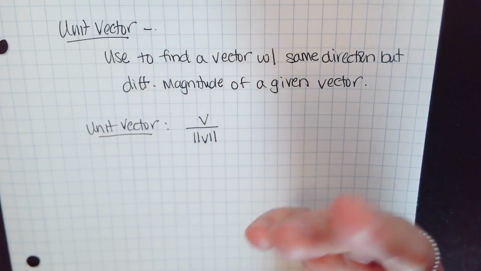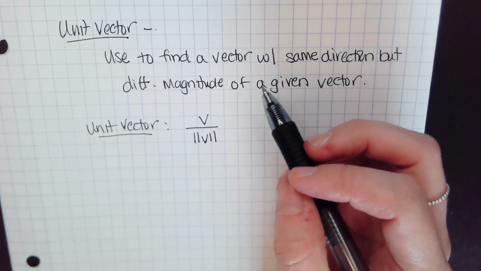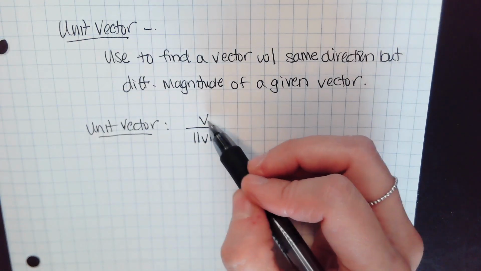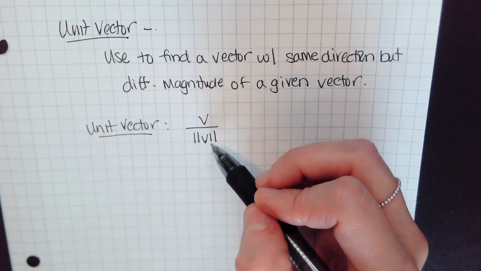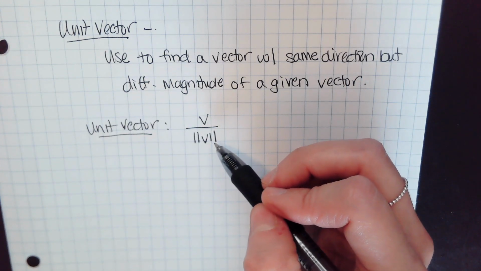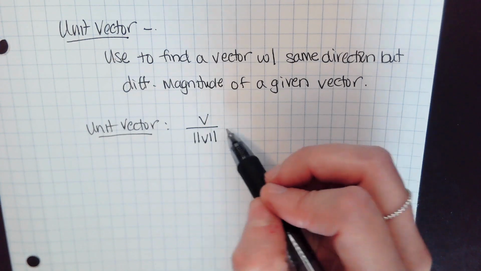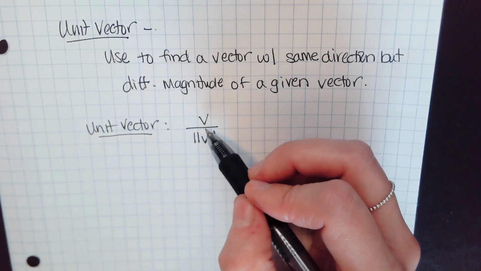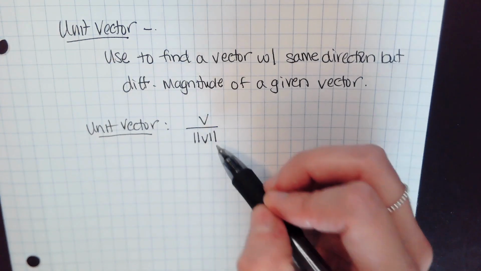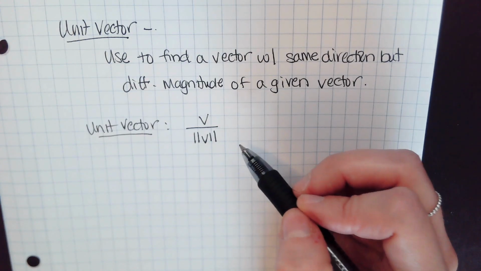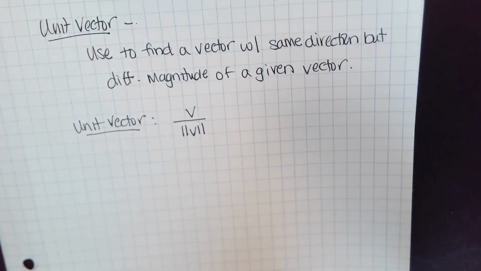Think about it, when you divide 5 by 5, you get 1. A unit vector we want to have a magnitude of just 1. So we take whatever your vector is and divide it by its own magnitude, and that's going to give you a magnitude of 1.